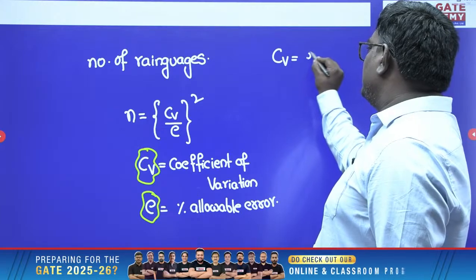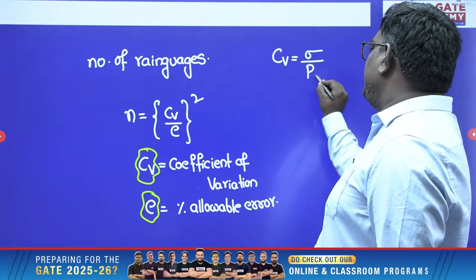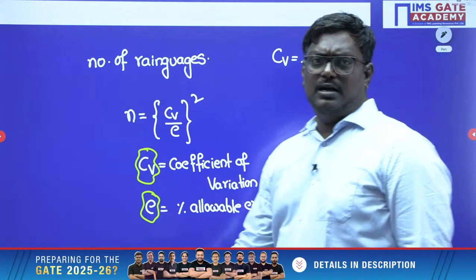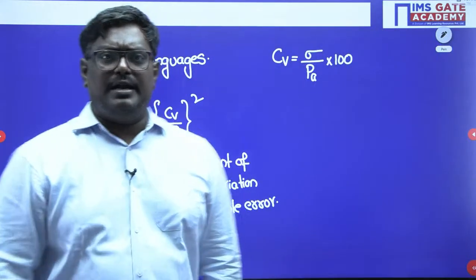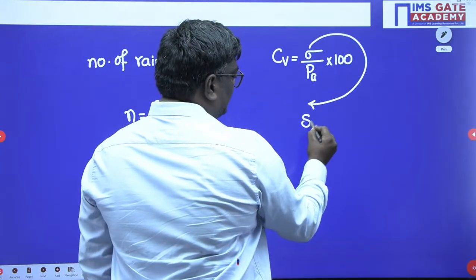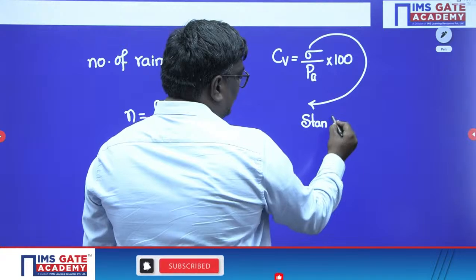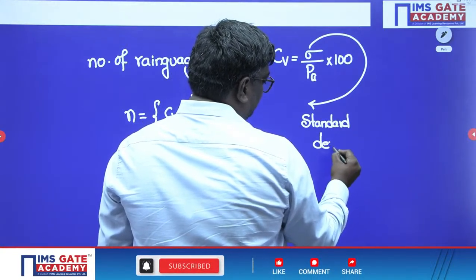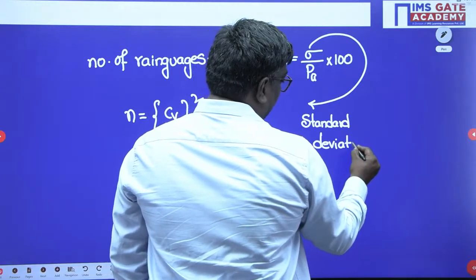Now, my dear students, they can ask you what is CV. CV is nothing but sigma upon P average into 100. Again, you can ask me what is sigma. Sigma is nothing but the standard deviation. What is standard deviation, sir?